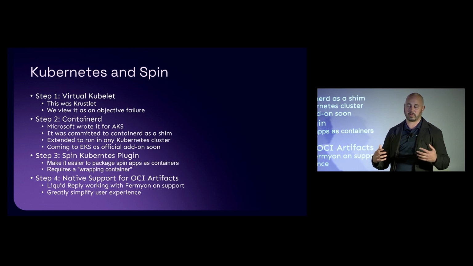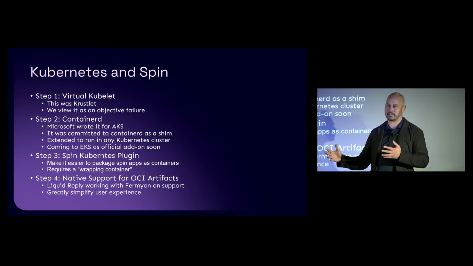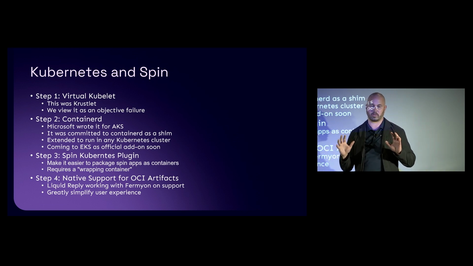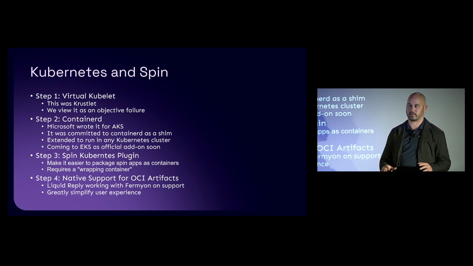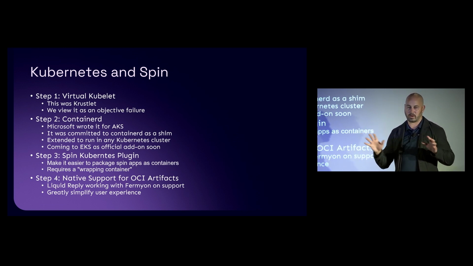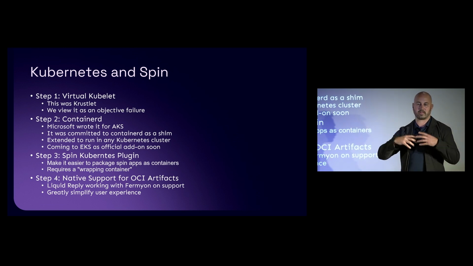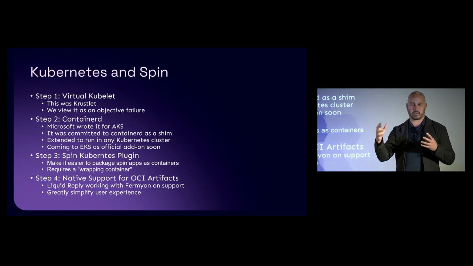And now we have this, so you can run a simple Helm chart that'll install a daemon set. Within 15 seconds, you can go deploy Spin workloads to any Kubernetes cluster, be that AKS, EKS, on-premise, whatever you want. We'll respect all of the same things you're used to, like here's the max memory, the max CPU, the stuff you're doing in Kubernetes.